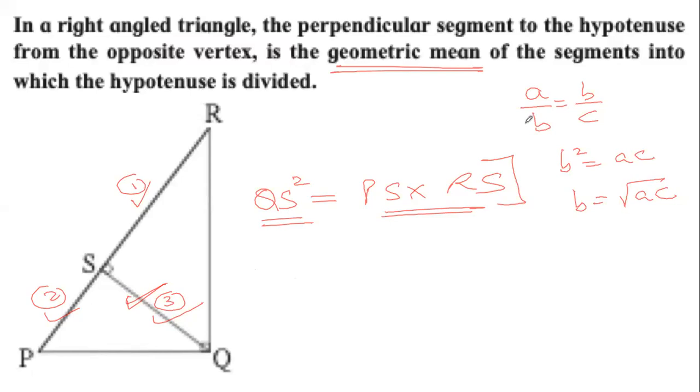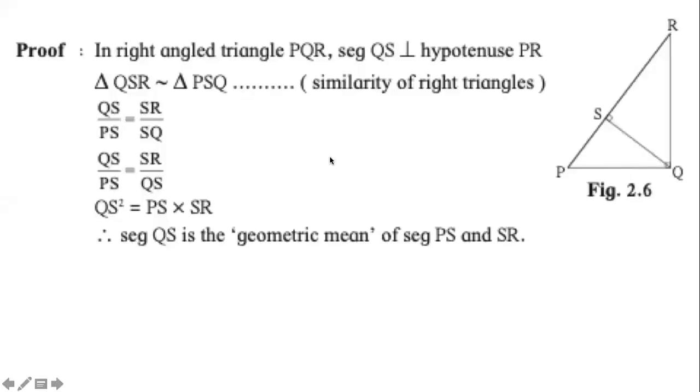That means, writing in the ratio form, PS by QS equals QS by RS. The same thing. The proof is very easy and it is given in the textbook. I have nothing more to add to that.